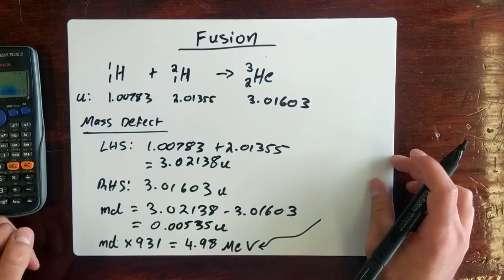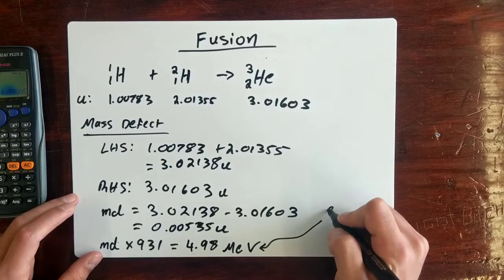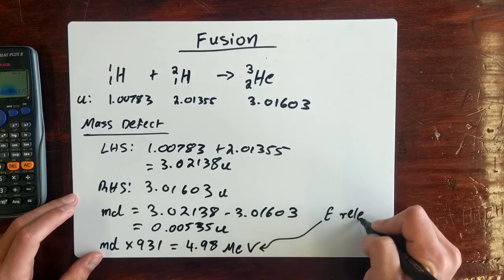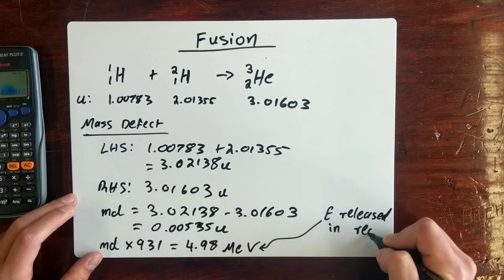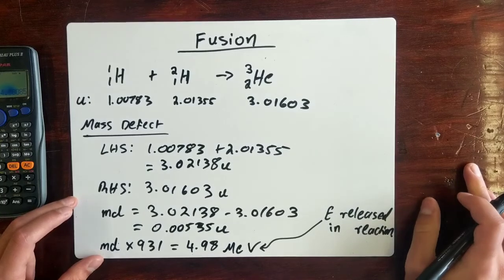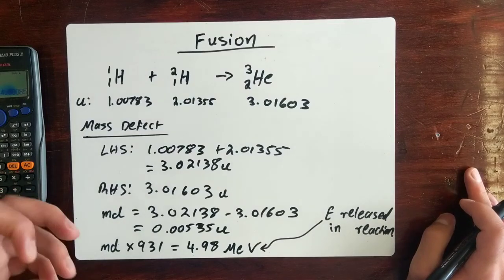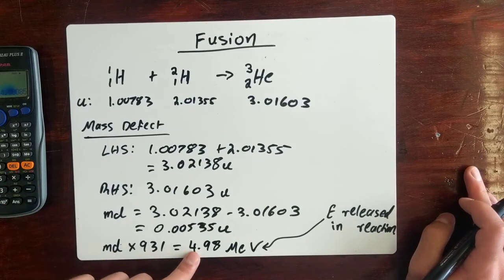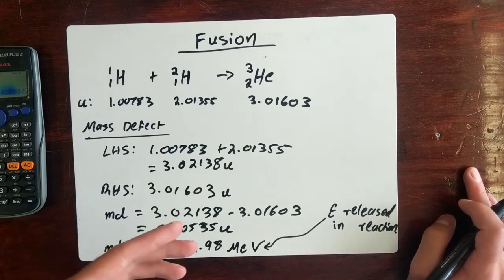But we can also now think of that energy as the energy released in the reaction. So in future videos, when we start talking about nuclear reactors and nuclear bombs and other ways that nuclear energy is used, that is where this energy is coming from. It's the mass defect being converted into energy.